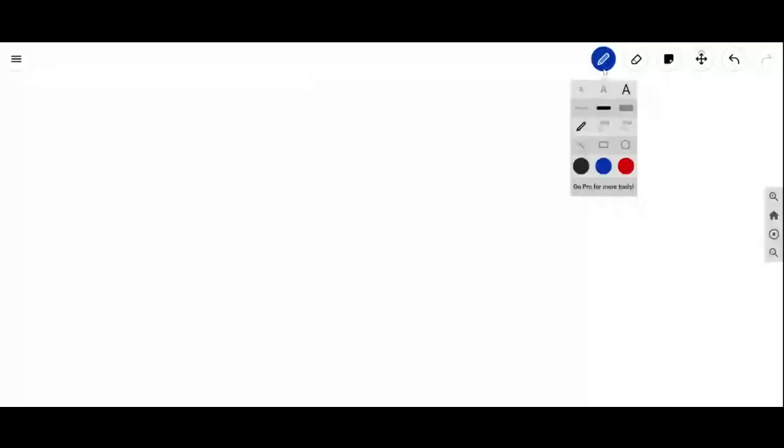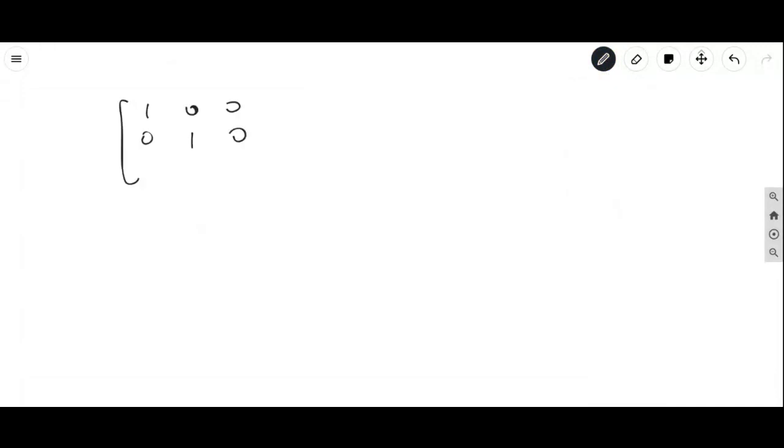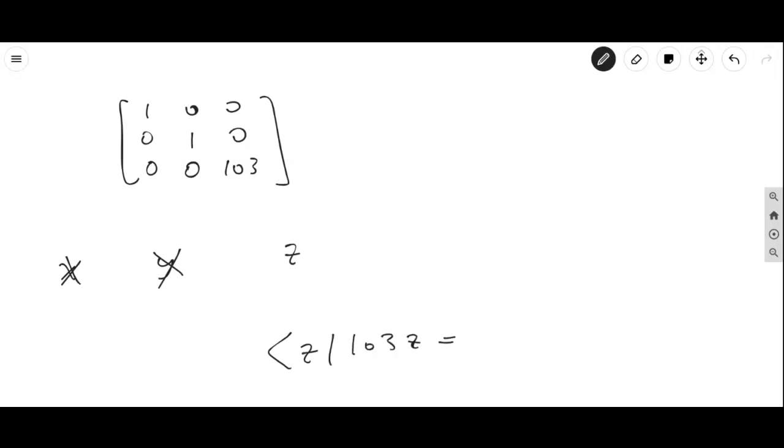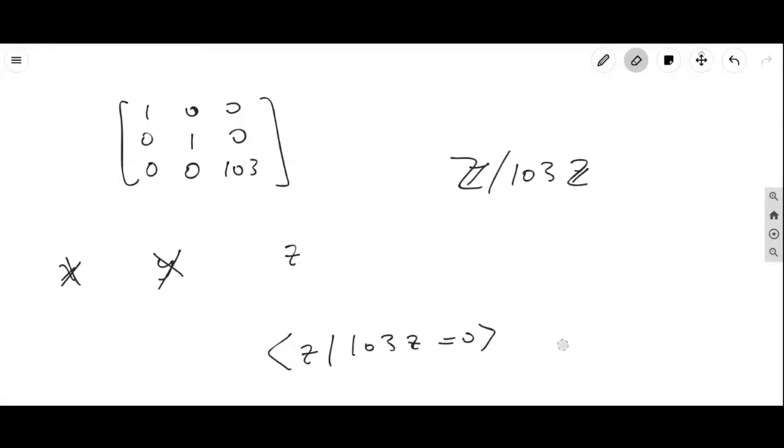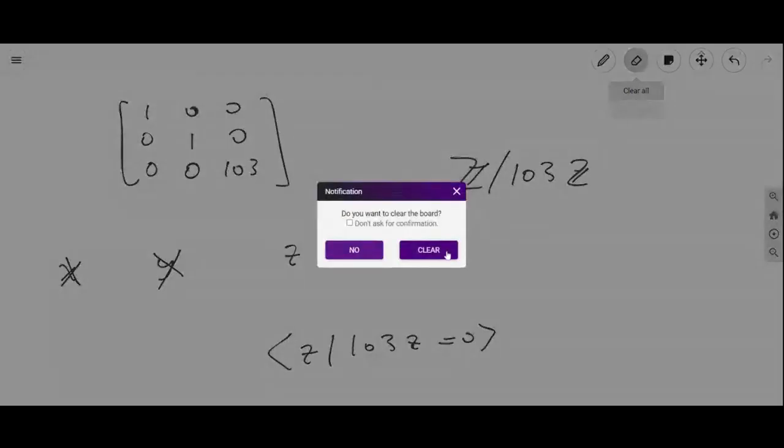If you use the Smith normal form and you end up getting 1, 0, 0, 0, 1, 0, 0, 0, 103, then based on the same kind of idea, 2 of the generators are trivial, they're redundant, and so the group in the end is just isomorphic to the generator where 103z is equal to 0. So you're just saying the group is Z mod 103. So it's a finite group. That's actually the presentation of a finite group, and the group is isomorphic to this. So that's what that would mean.